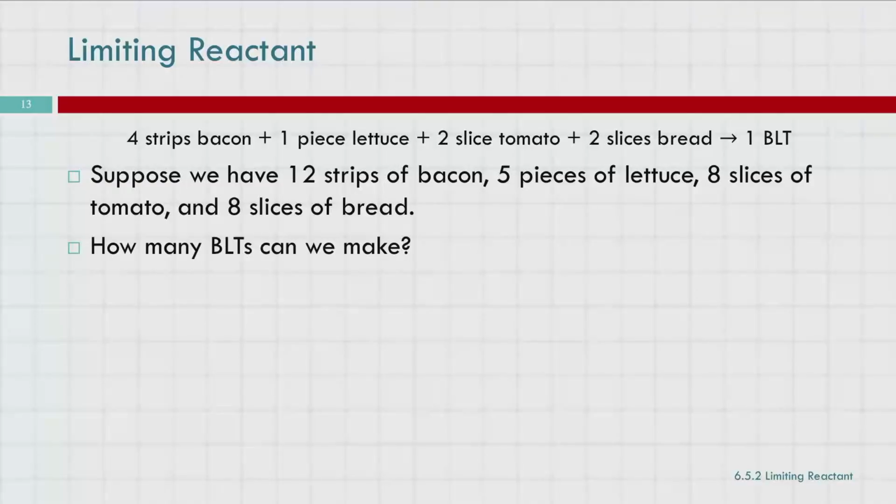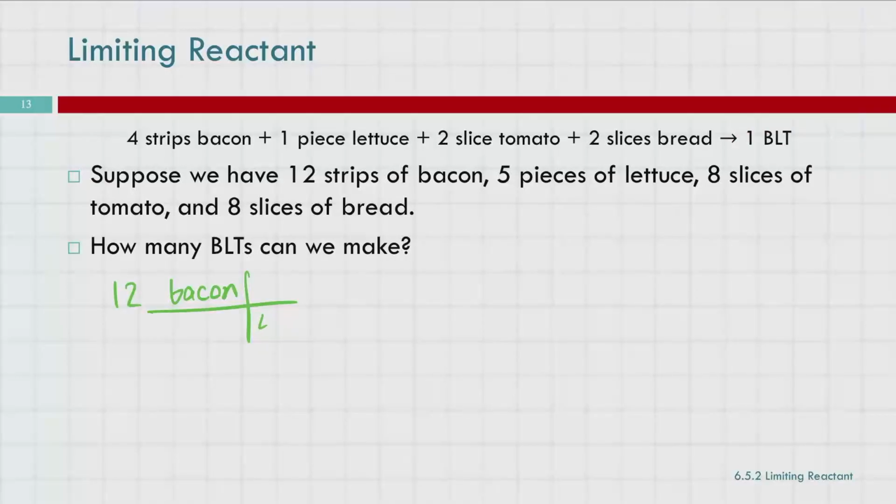So we reference our recipe. We've got 12 strips of bacon. How many BLTs could we make with our strips of bacon? 12 bacon. What's our ratio of bacon to BLTs? 4-to-1. 4 strips in, 1 BLT out.